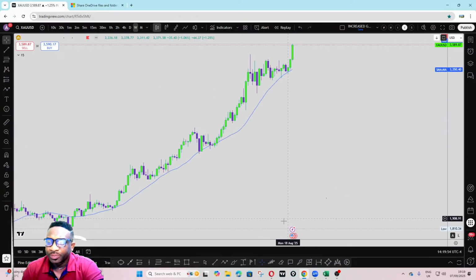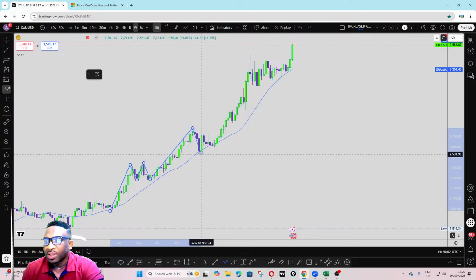running up, as we can see, making higher highs and then higher lows, as we can see here. That's a characteristic of an uptrend. And then we can see that we have recently broken a structure.